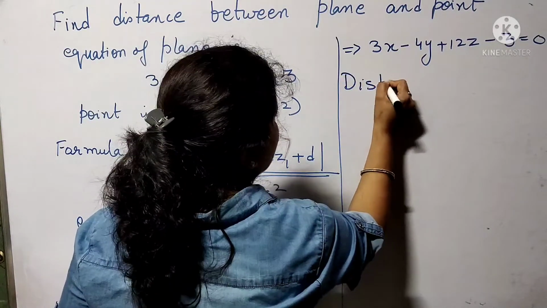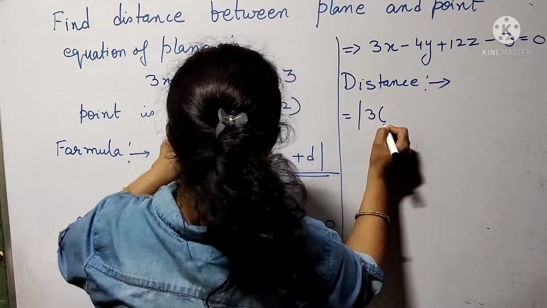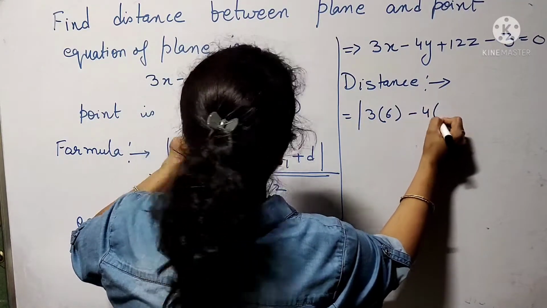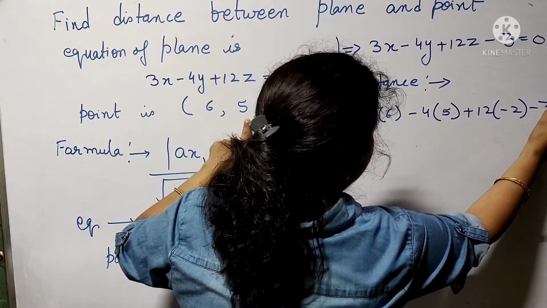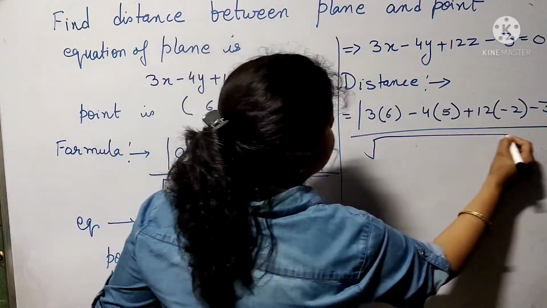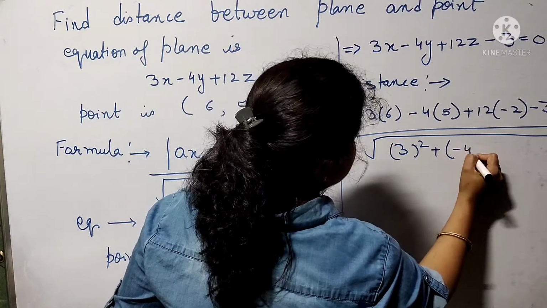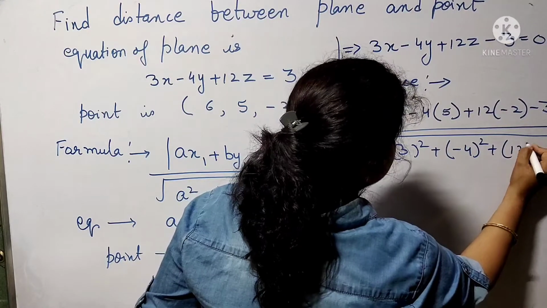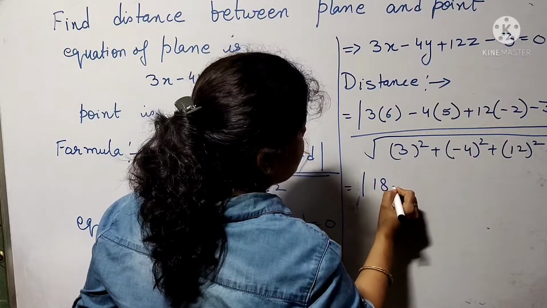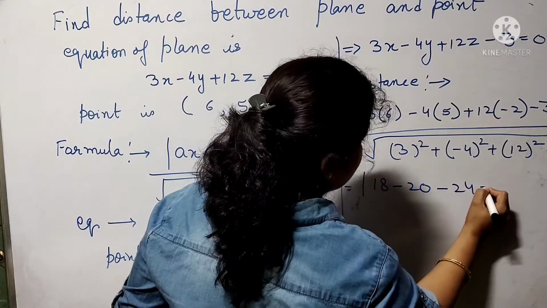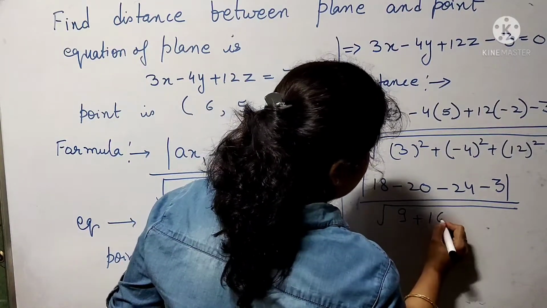So the distance between the plane and the point is mod of 3 into 6 minus 4 into 5 plus 12 into minus 2 and minus 3, under root coefficient of x, that is 3 square, coefficient of y, minus 4 square, and coefficient of z, that is 12 square. So ultimately what we get: 18 minus 20 minus 24 minus 3 over 3 3s are 9, 16 and 144.